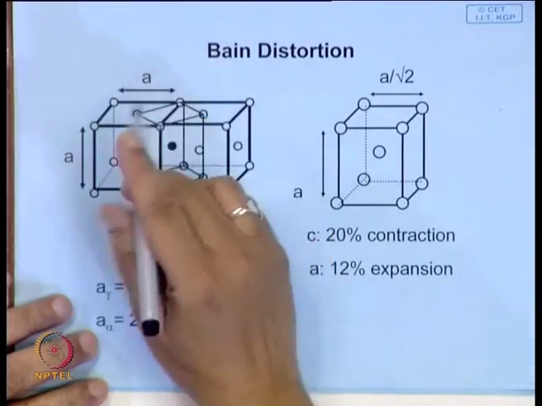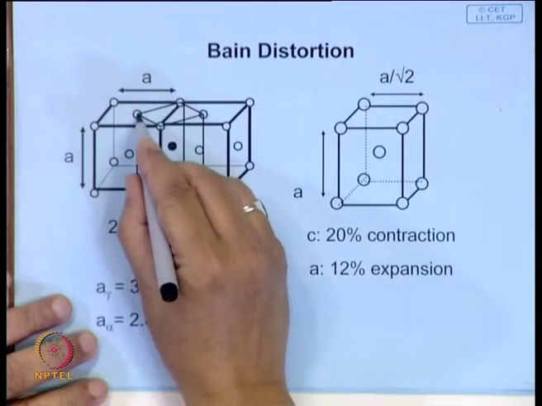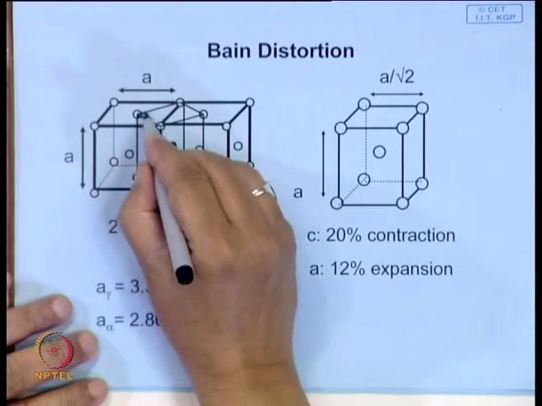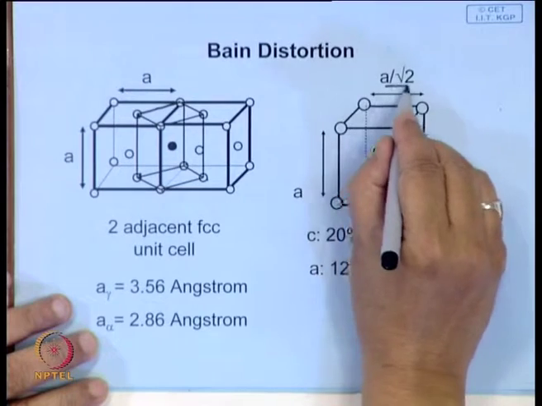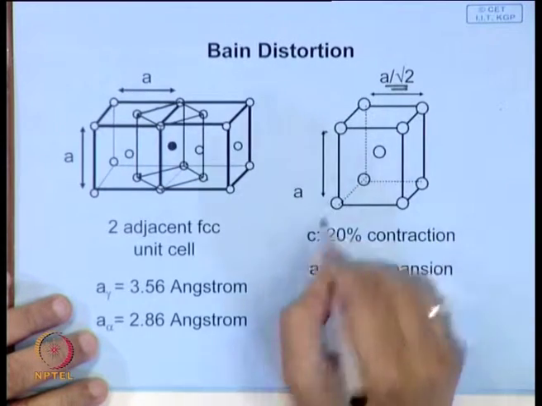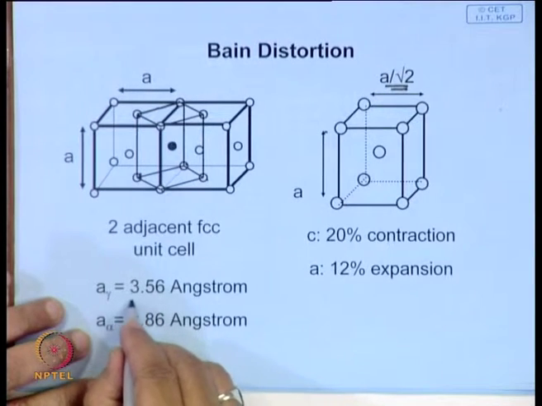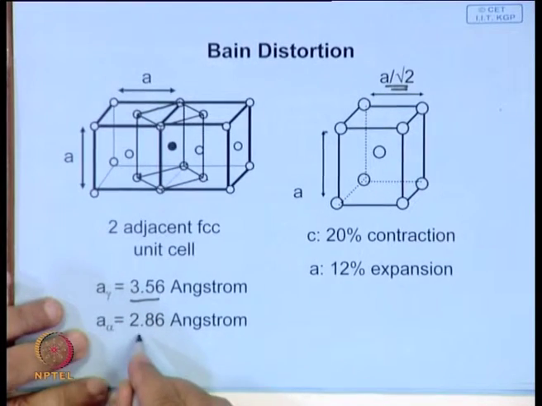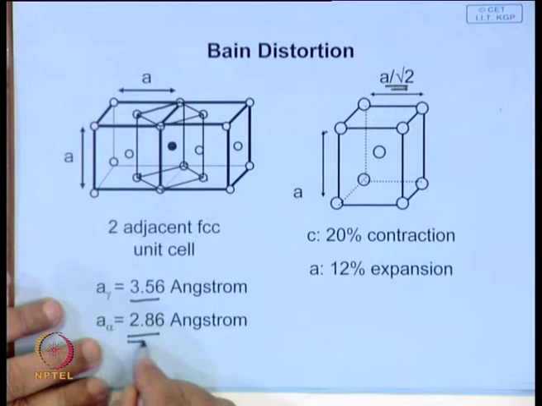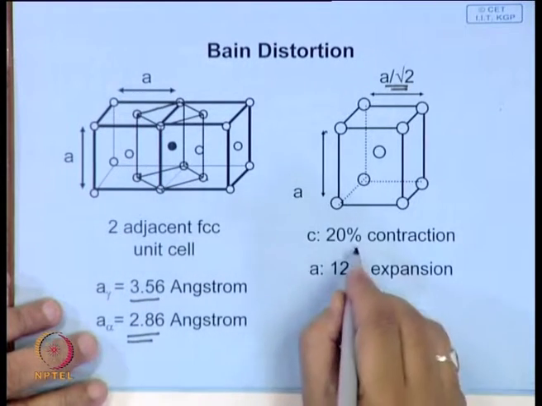This dimension is a, this dimension is a, whereas this dimension is a over root 2, and this dimension is a. Now look at this dimension, the lattice parameter of austenite, and the lattice parameter of ferrite is this.